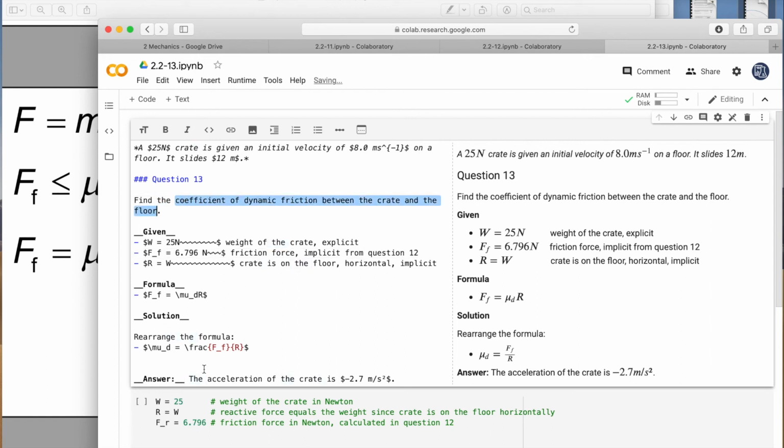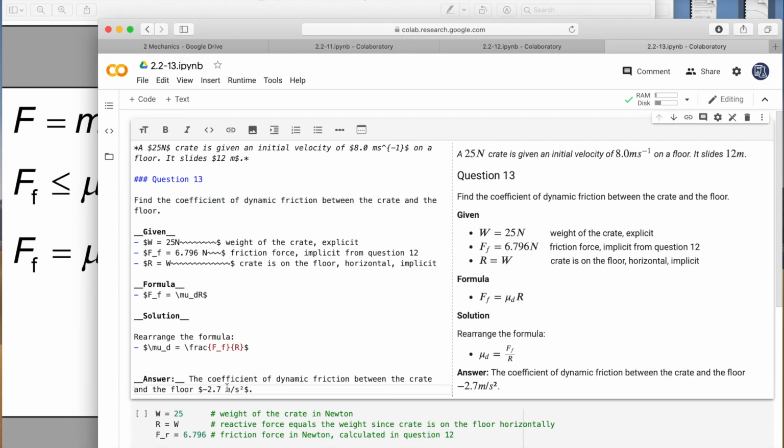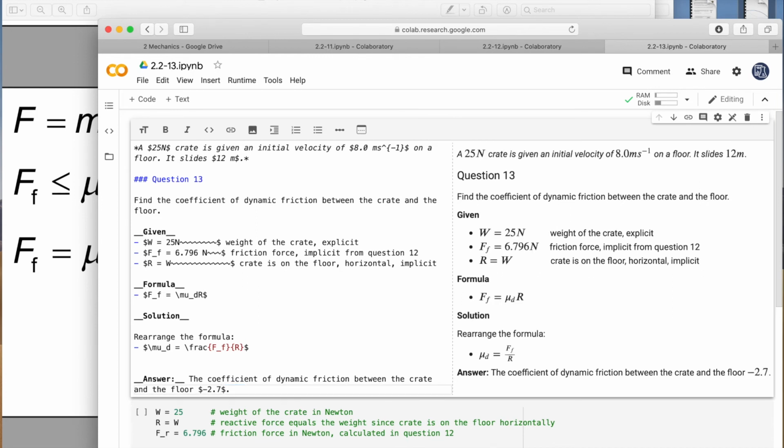Copy the question for the answer. The answer will be in Newton. No, it has no unit because you're looking for the coefficient of dynamic friction. Let's see what the value is.